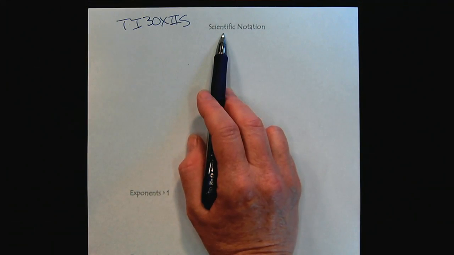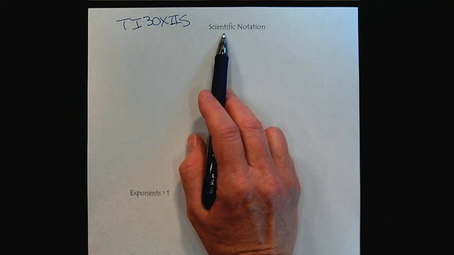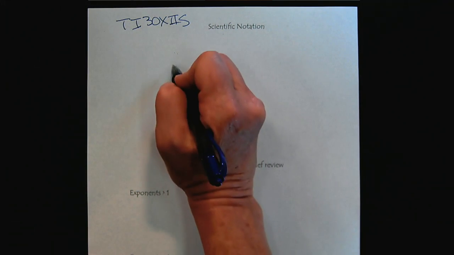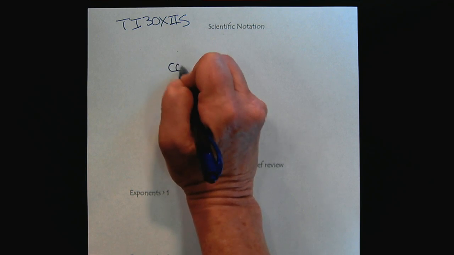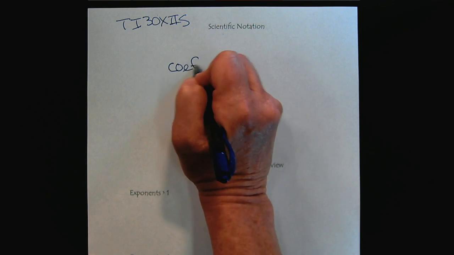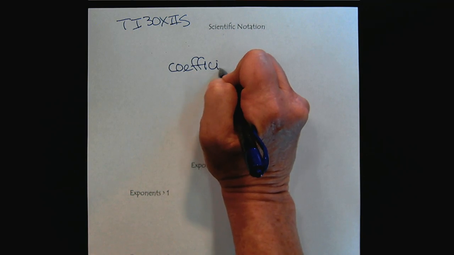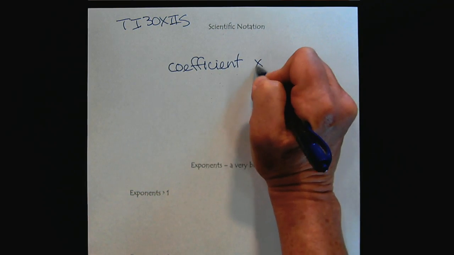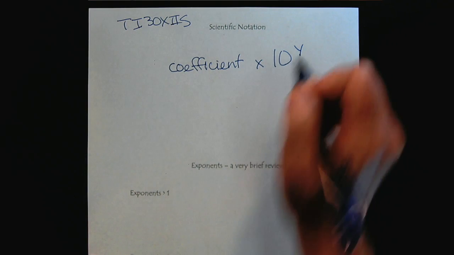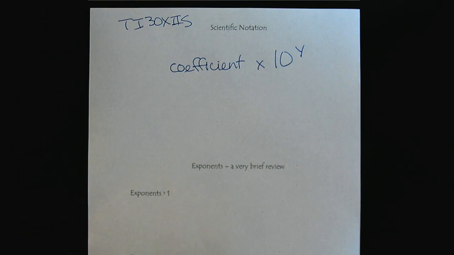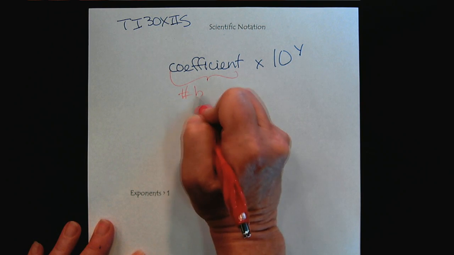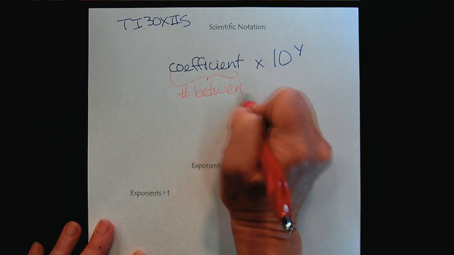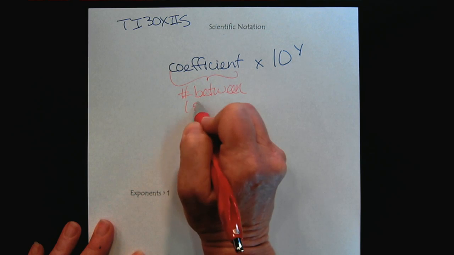For scientific notation, because in chemistry we work with very small numbers and very large numbers, we often want to put them so there'll be some value, a coefficient, and then that will be multiplied by the exponential term. Now this coefficient is going to be a number between 1 and 10.